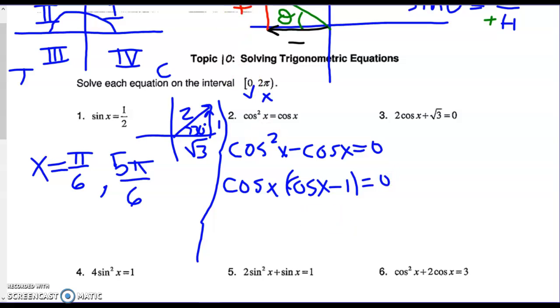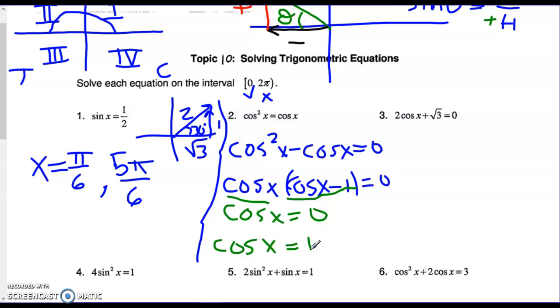And now what we want to do is, once we factor that out, we could set each of these equal to 0. So when the cosine of x is equal to 0, and when the cosine of x is equal to 1, because we would add 1 to both sides.